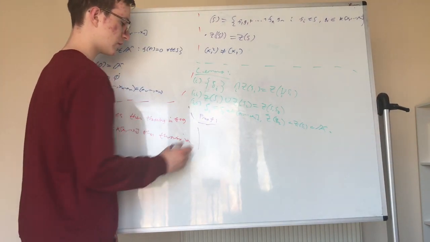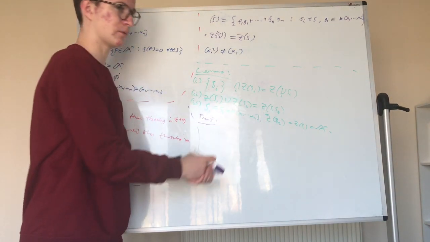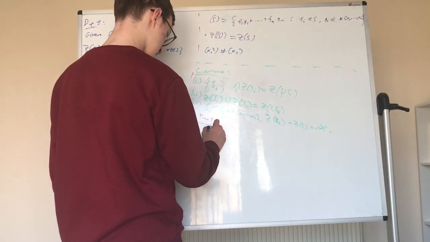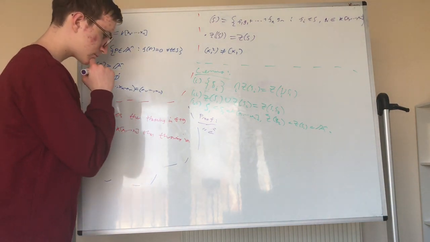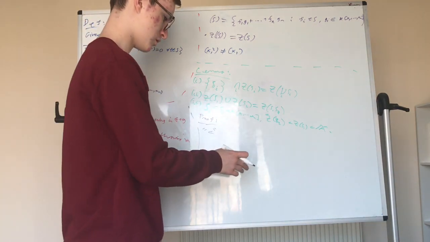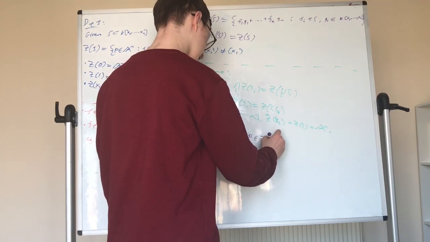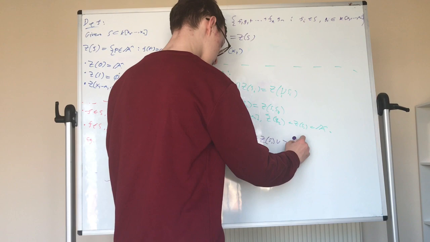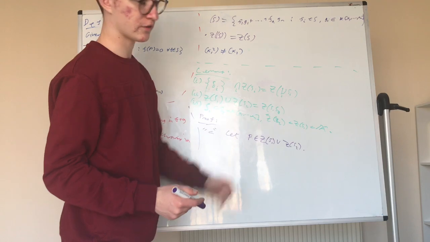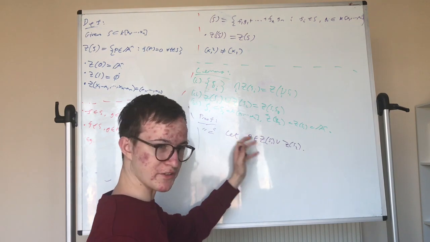So I'm just going to do a good old classic thing where you prove that this is a subset of that, and then you prove that that is a subset of that. So, let's prove this first. Let P be an element of this union. What we want to show is that P is also in this set here. What does this mean?